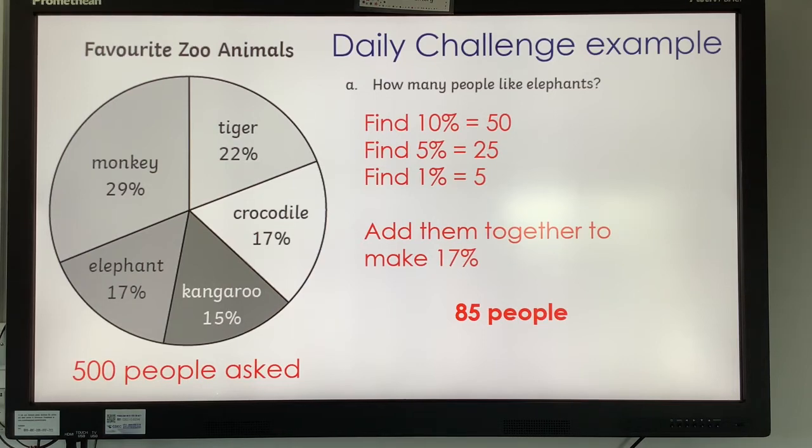Then we've got 1%. Now we can double that quite easily to find 2%. If 1% is 5, then 2% is 10. So if we add all of those numbers together, we get 85. Sorry. So 85 people said that an elephant was one of their favourites. Obviously I would have been in that category.